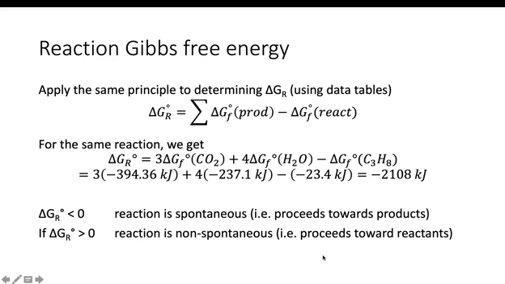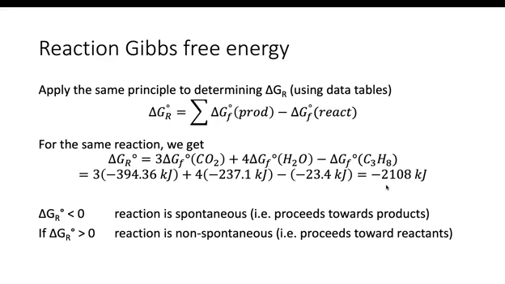If you started with reactants, you'll still, at the end of basically all time, end up with mostly reactants. You won't get very many products at all. And the amount of reactants and products depends on the magnitude of your delta G, so depending on how large that value is. But the sign tells us whether it's going towards products if it's negative, or reactants if it's positive.